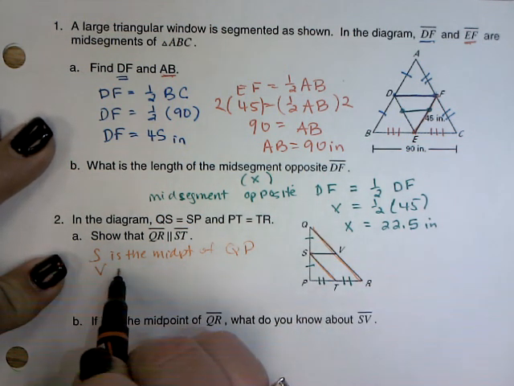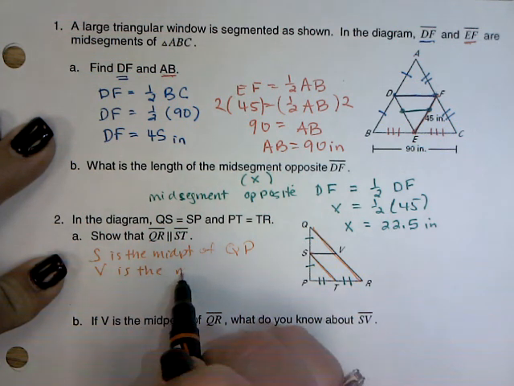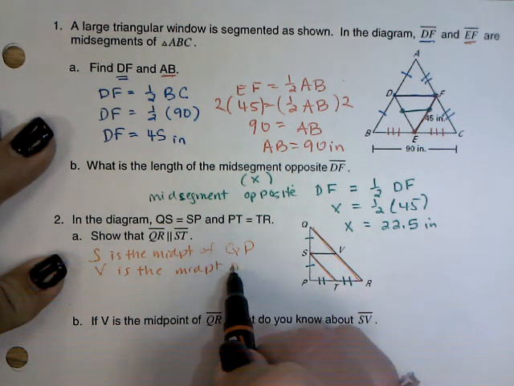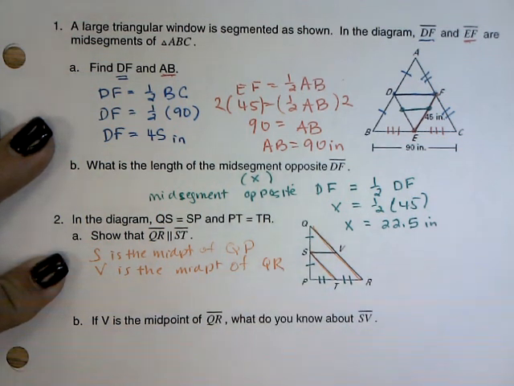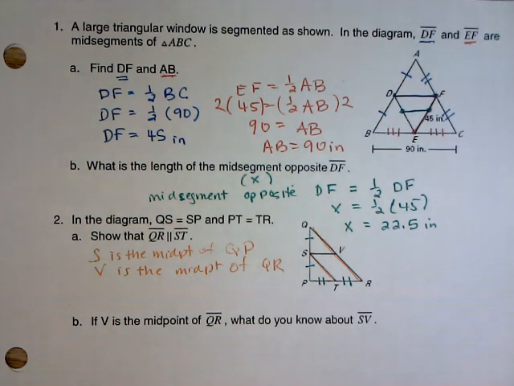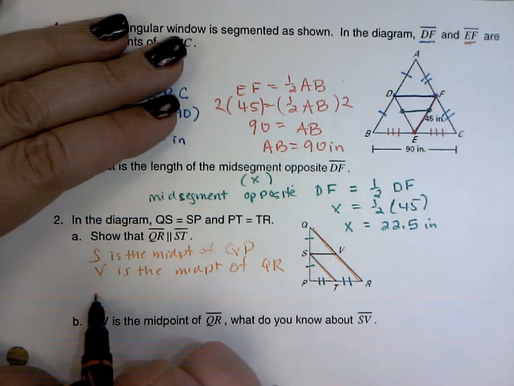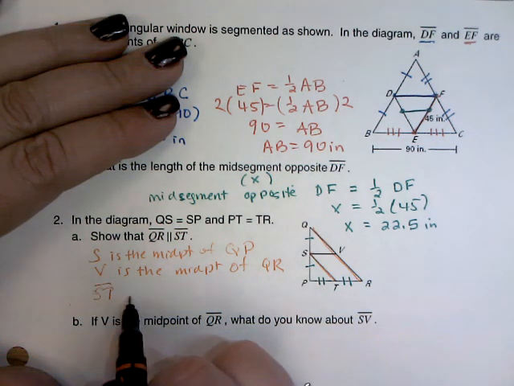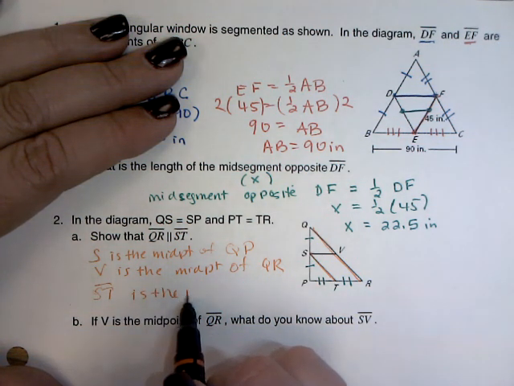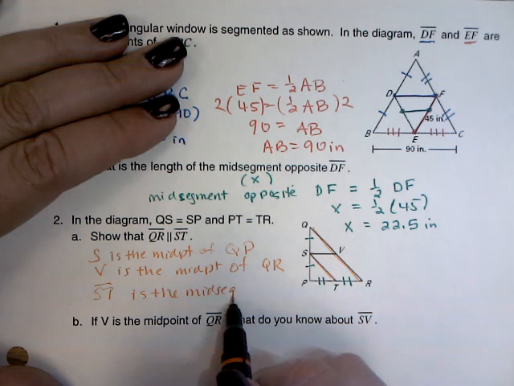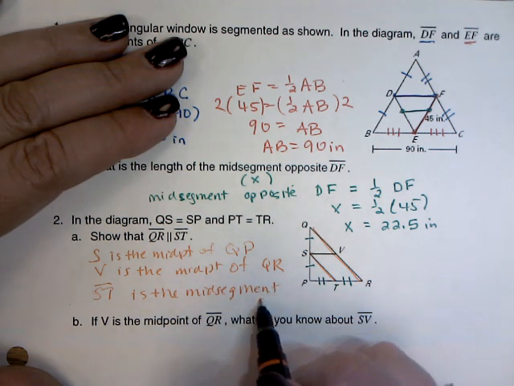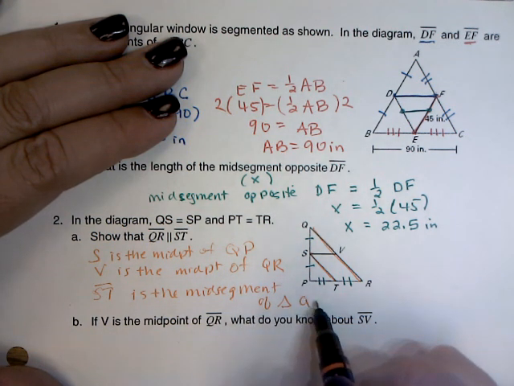We know that V is the midpoint of QR. And because they're both midpoints, we know that ST, the line, is the mid-segment, because it connects the two midpoints of this triangle QPR.